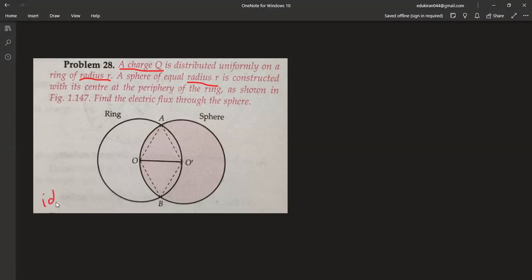At least this can be confirmed. It is constructed with its center on the periphery of the ring. It is already shown: this is the ring, and this is the sphere. You have to find out the electric flux, which is unknown and to be calculated.